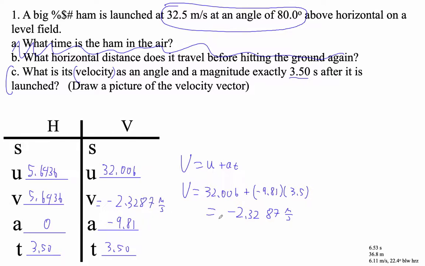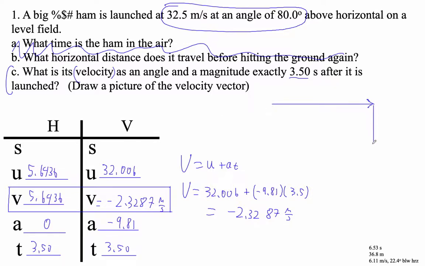All right, so what is its velocity as an angle and magnitude vector? Draw a picture of it. Okay, so it's going to be this picture of this guy. So it's this over, this down, right? So let's draw a picture of this. And this down, 2.3287.